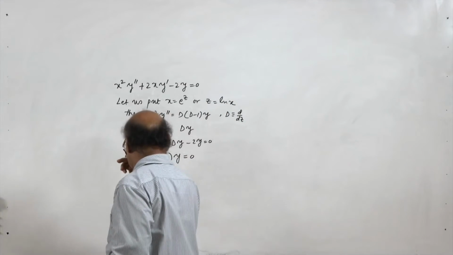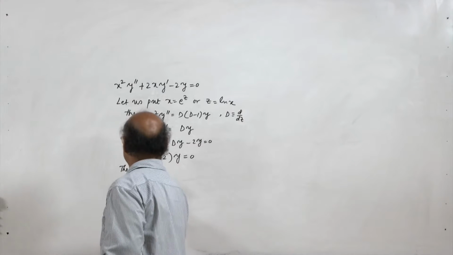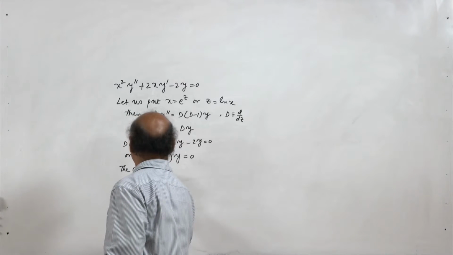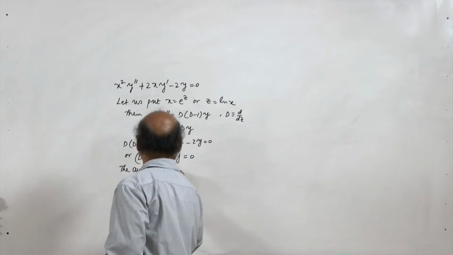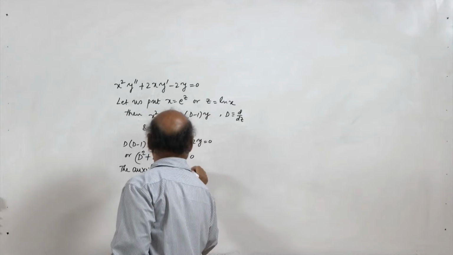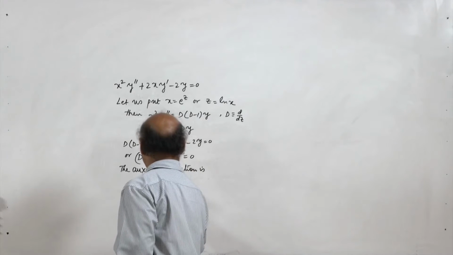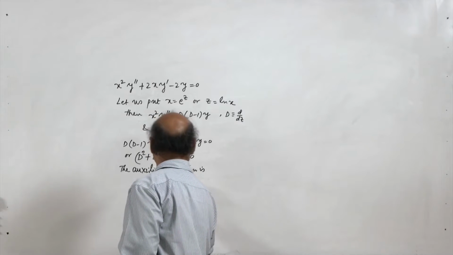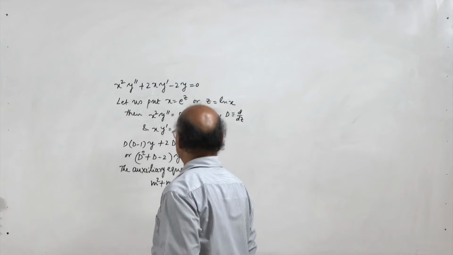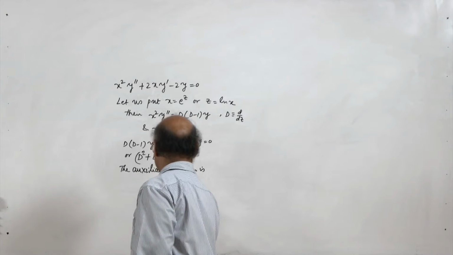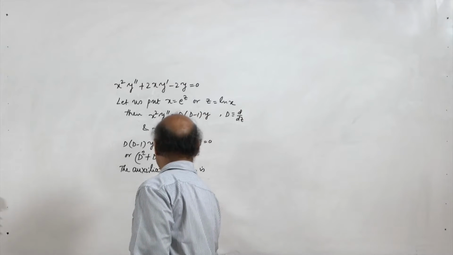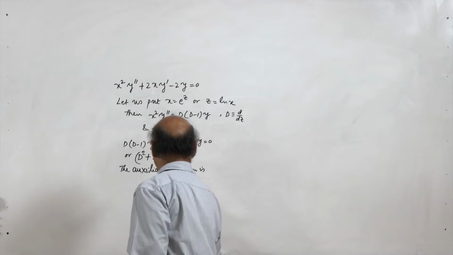So to find the solution of this, we write the auxiliary equation: m squared plus m minus 2 equal to 0, and the factors of this equation are (m plus 2) into (m minus 1) equal to 0.